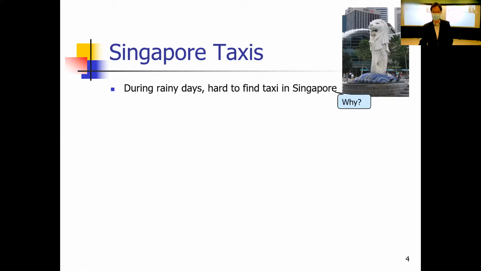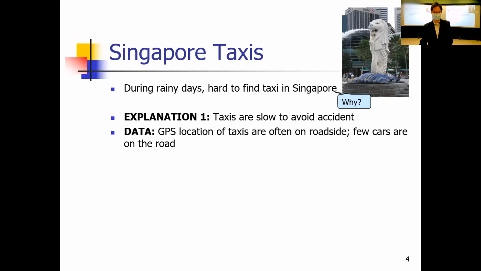The first reason you may think of is that taxis are too slow on the road and want to avoid accidents. However, in the data, we find that the GPS locations of taxis are often on the roadside. They didn't move. They just parked on the roadside, and only a few cars are moving on the road. So this contradicts possible reason one.